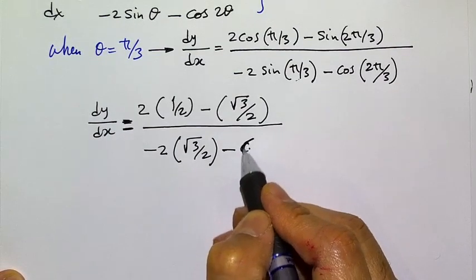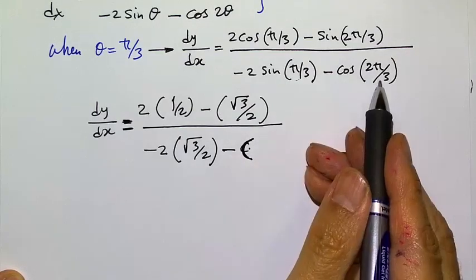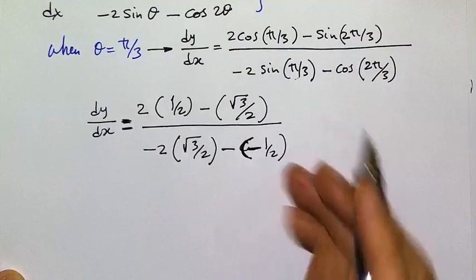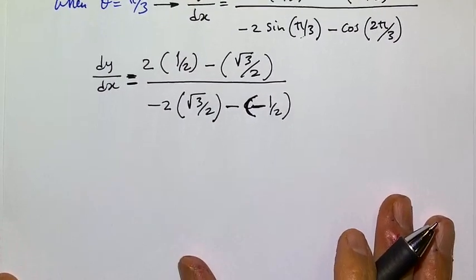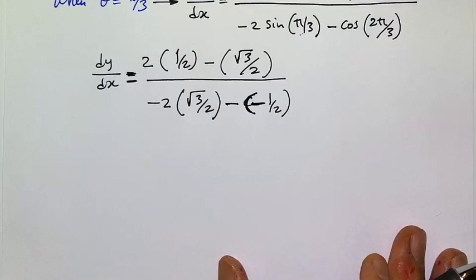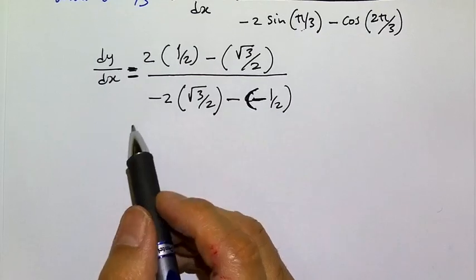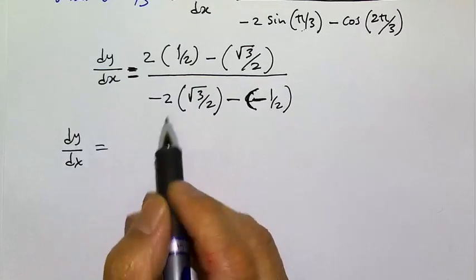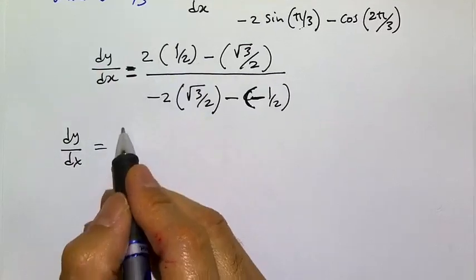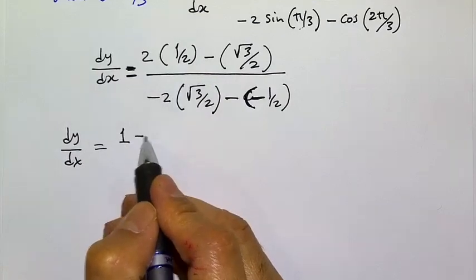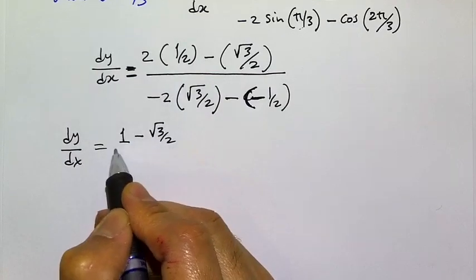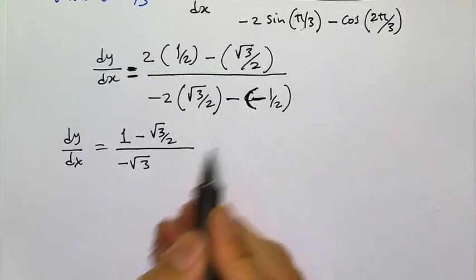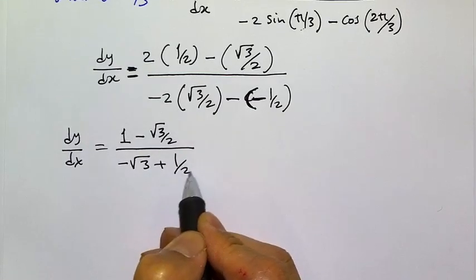So minus again minus 1/2. I should clean this up after recording this video. So we have 2 times 1/2 is just 1, minus square root of 3 over 2, and in the denominator minus square root of 3 and plus 1/2.